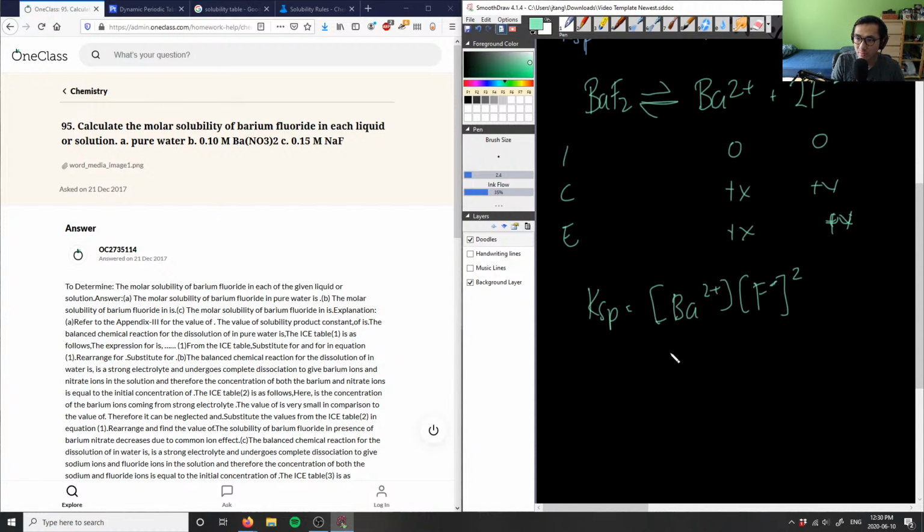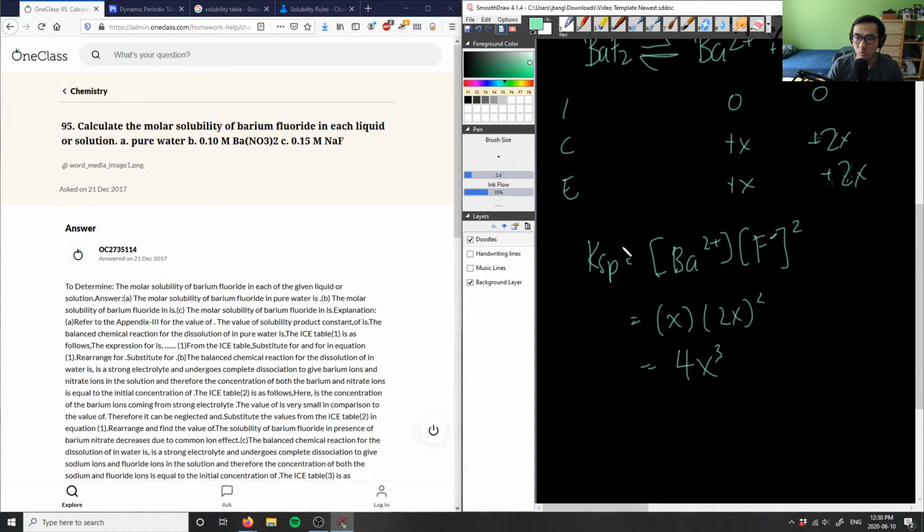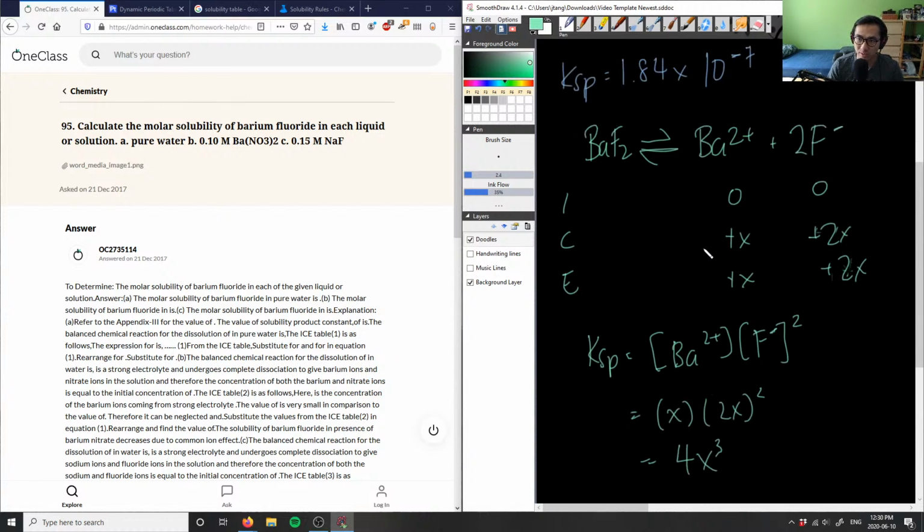So we're going to have plus x for Ba2+ and plus 2x for F minus, for the coefficient of 2. That's my fault. So this is going to be x times 2x squared, which gives us 4x cubed. And this equals our KSP value of 1.84 times 10 to the negative 7.